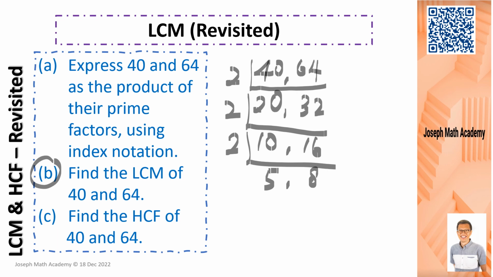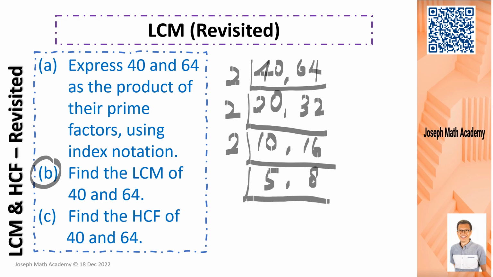That common number must be able to be divided by 40 and 64. That is the meaning of LCM, the lowest common multiple, the smallest very big number that can be divided by both 40 and 64. So to find out, of course, we have to proceed further.